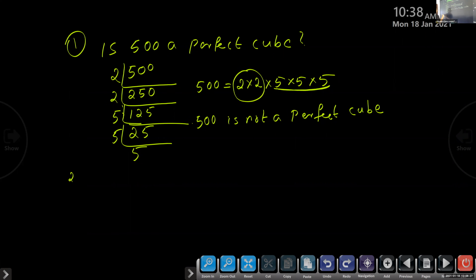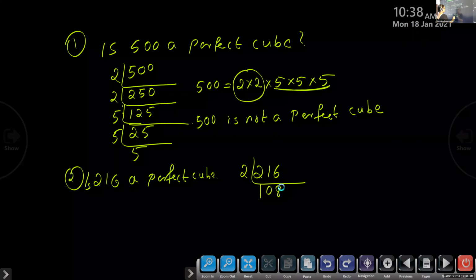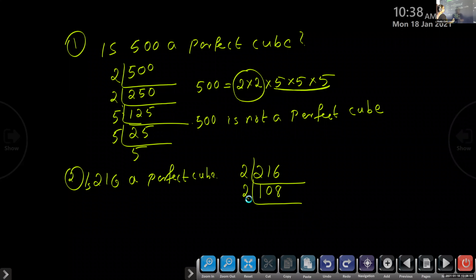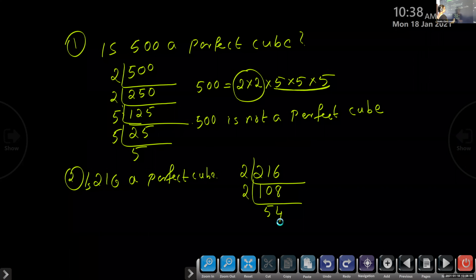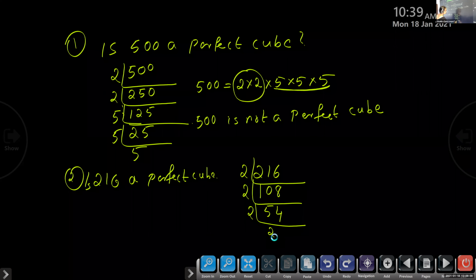Is 216 a perfect cube? Okay, so give the factors of 216. First one, 2. Then 108. Again 2, 54. Again 2, 27.